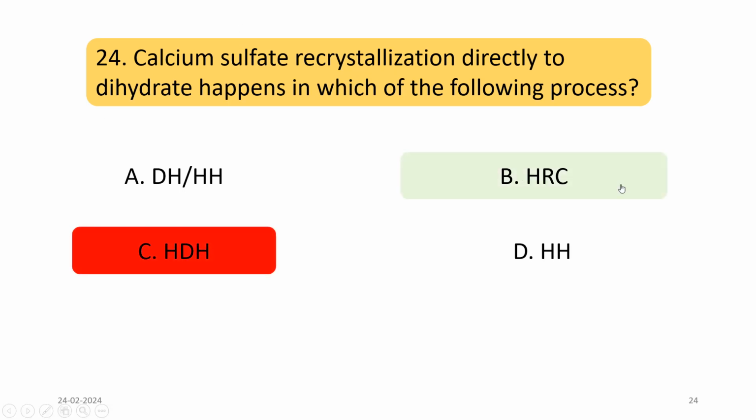No, this is Option B. HRC process. In this process also it changes to dihydrate, but in case of hemihydrate recrystallization process, no intermediate step of hemihydrate production happens. So it directly forms the dihydrate one. So as I have said directly, here it will be HRC, not the HDH.